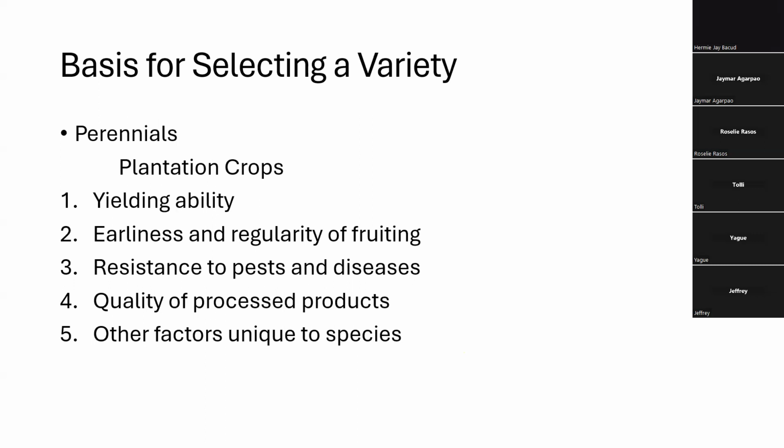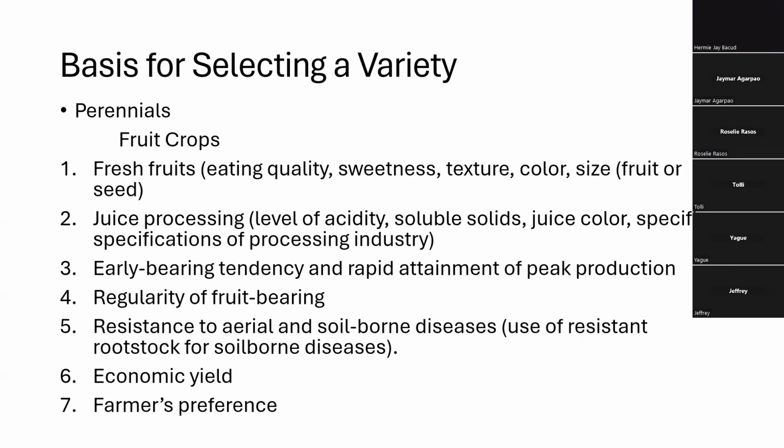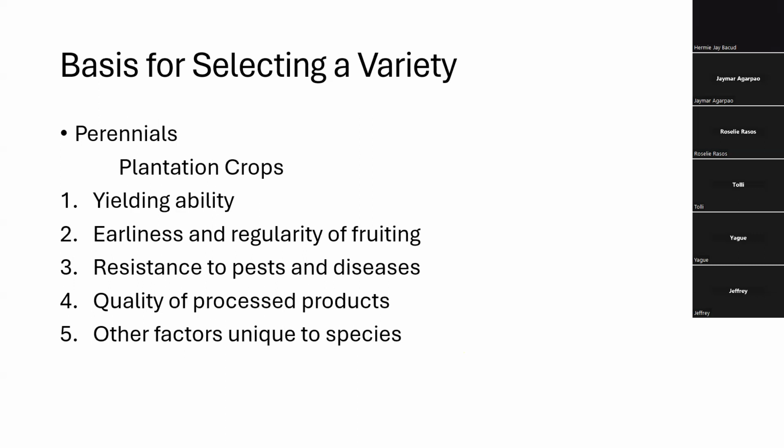Kailangan consider yung yielding ability, earliness and regularity of fruiting. Same lang siya actually sa fruit crops. Resistance to pests and diseases, quality of processed products, and other factors unique to species.